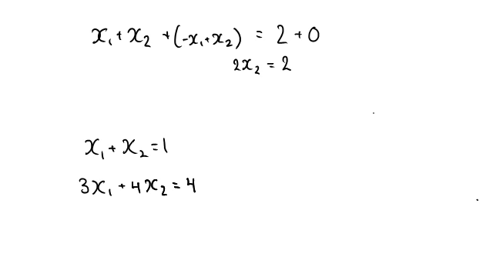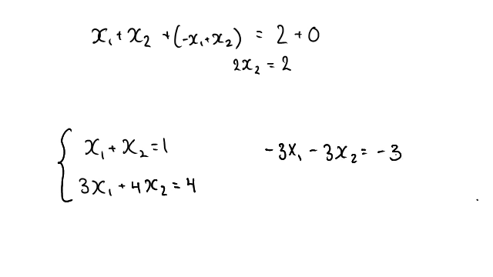For example, let's say I have this system. Now simply adding the first equation to the second won't do anything for me. But if I multiply the first equation by minus 3, I have minus 3x1 minus 3x2 = minus 3. Again, we know that that's allowed, won't change anything.